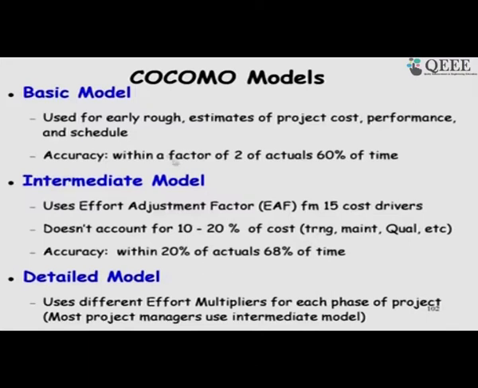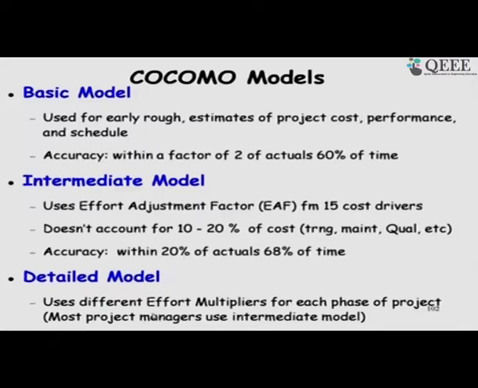So, it is a vast improvement over the basic model, and therefore, most project managers use the intermediate model. The basic model is a very raw estimate, whereas here it is within 20% of the actual 68% of the time; the other 32% of the time we might be off by larger variations.